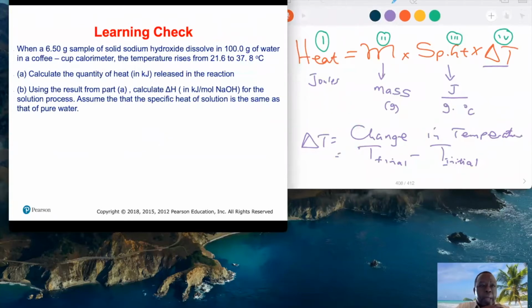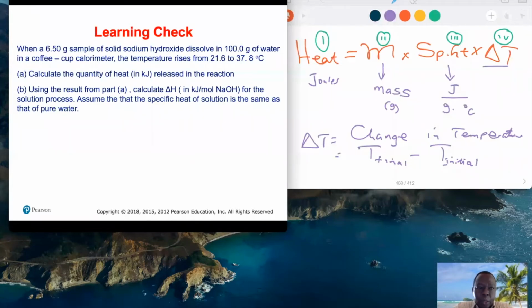I would like to pick up from here that if you are given a problem such as the one you see on the PowerPoint slides, when 6.50 grams of solid sodium hydroxide is dissolved in 100.0 grams of H2O in a coffee cup calorimeter, the temperature rises from 21.6 to 37.8.